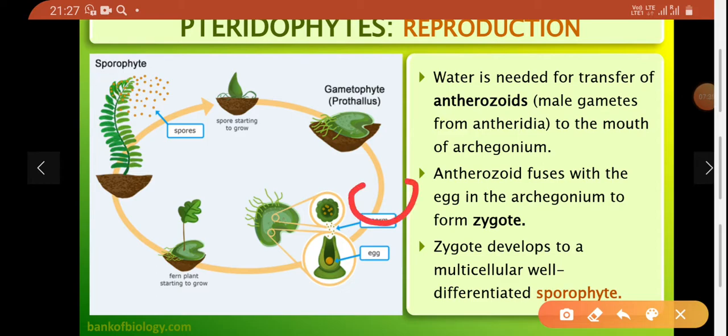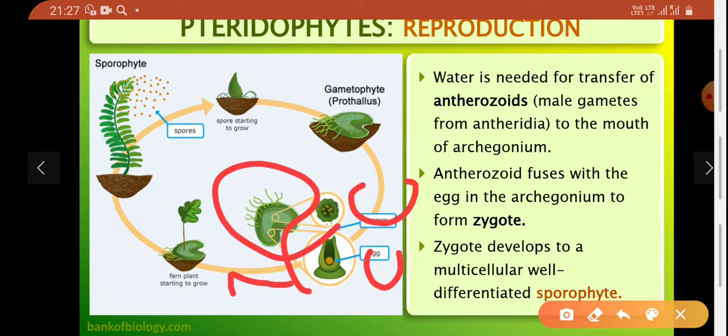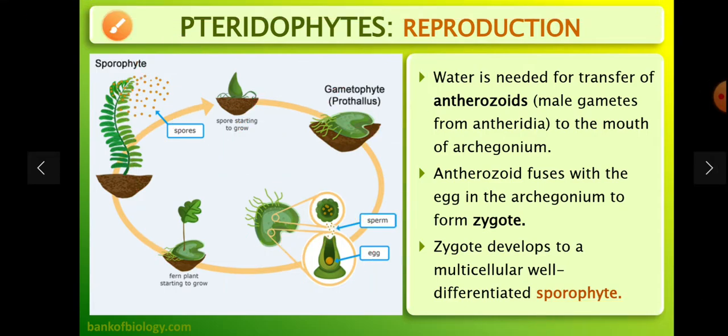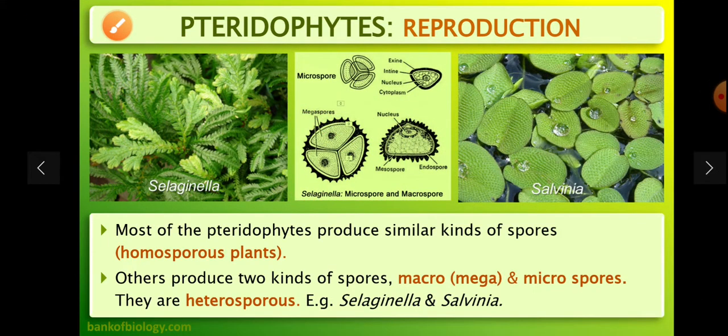This is the sperm, this is the egg, together they form a zygote. This further develops into a fern plant, which again forms a new plant. Now spores will germinate, and again start growing into a gametophyte. This is the way they reproduce.